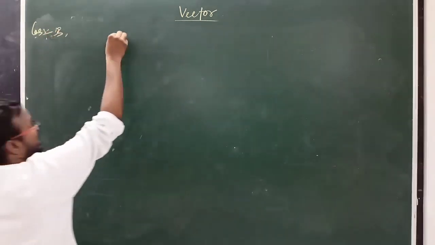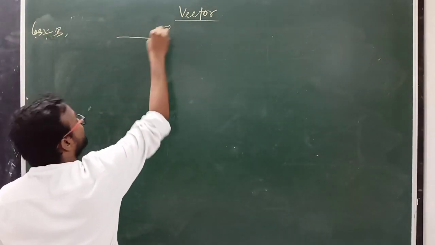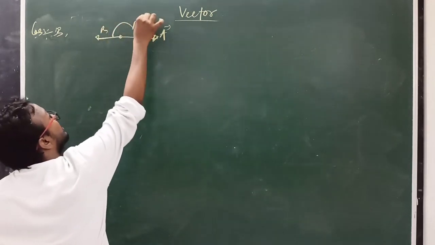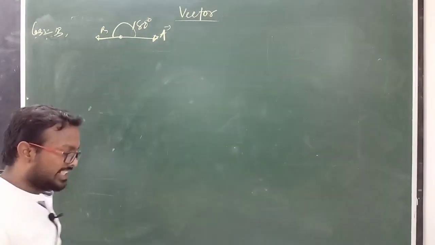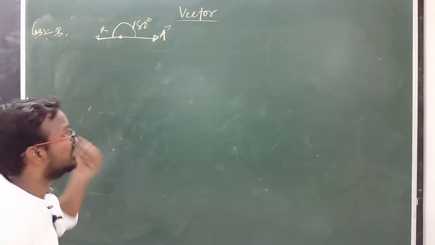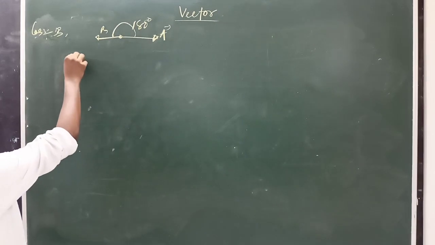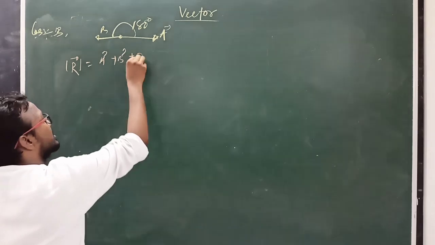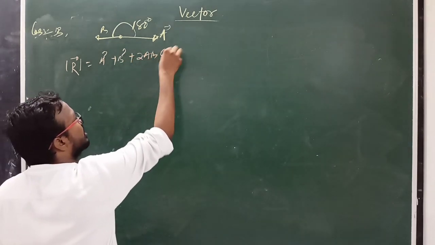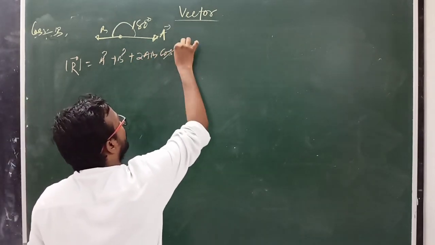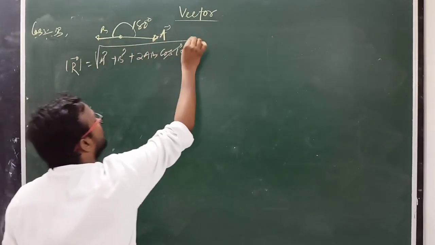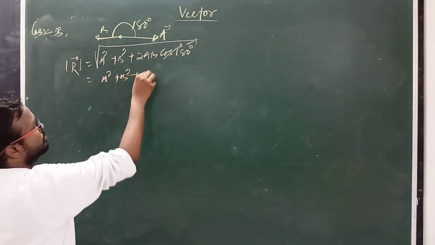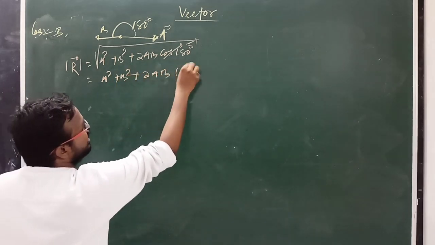In this case there is a vector A and another vector B, and the angle between them is 180 degrees. So we have to find the magnitude and direction of the resultant vector. The resultant vector magnitude equals the root of A square plus B square plus 2AB cos 180 degrees, and you already know the value of cos 180 is equal to -1.